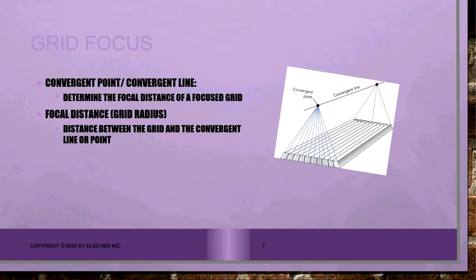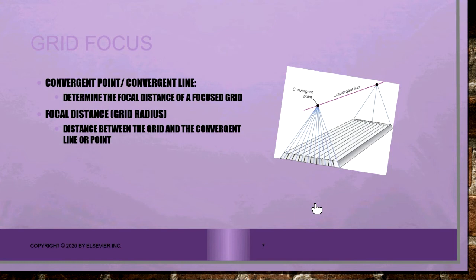Now, how do they determine the angle of the focused grid's lead lines? It's determined by what's called a convergent point or the convergent line, and this is also found on page 162. The convergent point or the convergent line helps determine the focal distance of a focused grid, meaning that you would have to use a focused grid at a specific range of SIDs in order for it to match the primary beam's divergence.